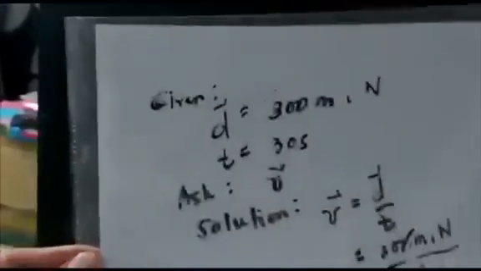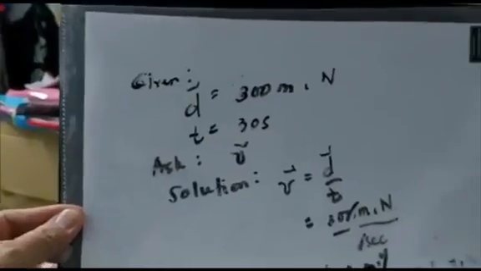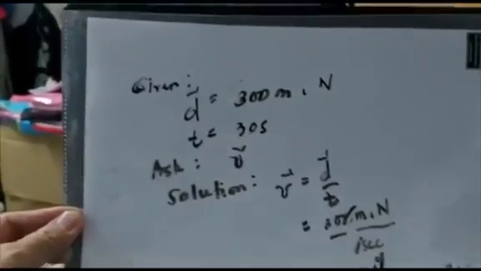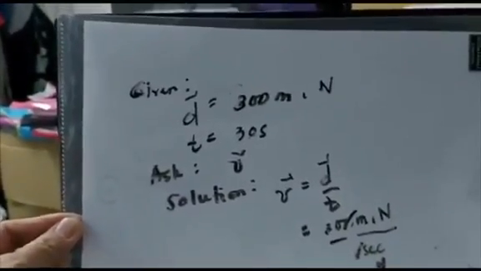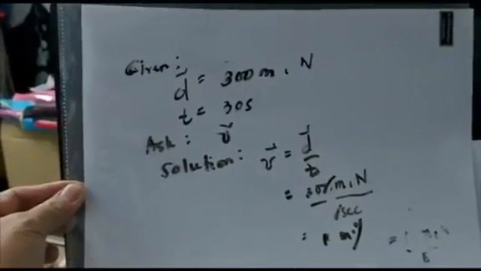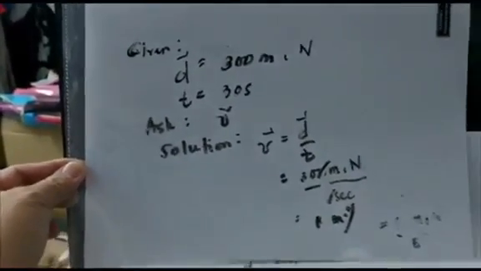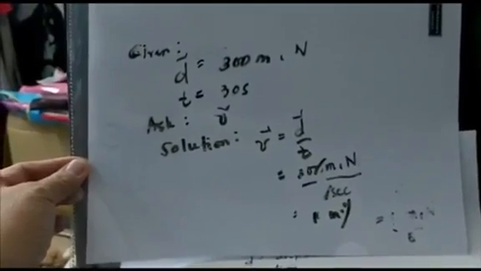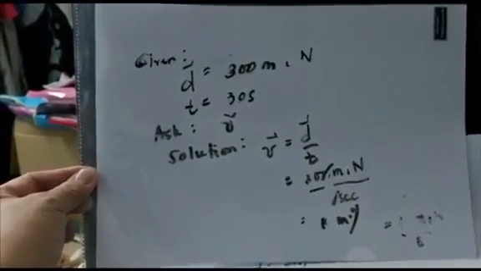Similarly, we will present our solution in this manner. You will have your given: displacement equals 300 meters north. Take note of the presence of the direction there. t is equal to 30 seconds. And you're asked to find the velocity. For our solution, velocity equals displacement over time.